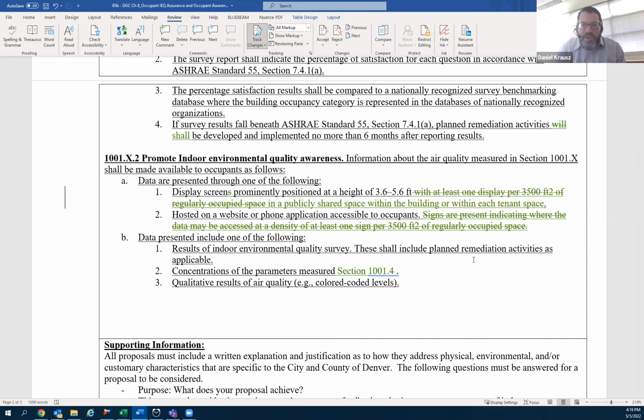How about a publicly shared space on each floor? So it would be the elevator lobby. That's better. Yeah, keep that.